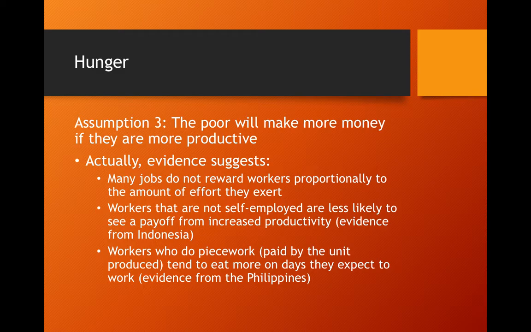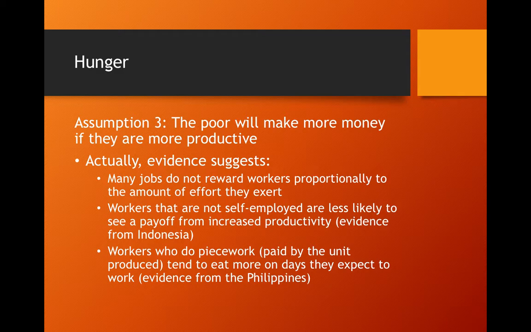But once again, Banerjee and Duflo do not agree with this. There are a few reasons. They don't think that this is never the case, but they think that for some poor people, their income is not proportional to their effort.